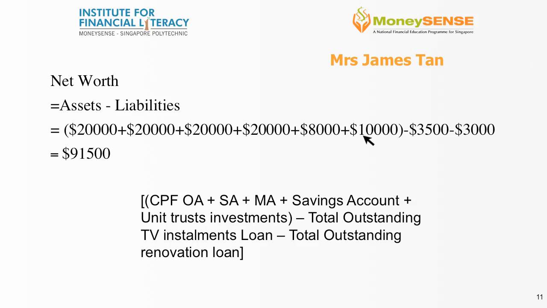Mrs. James Tan has an outstanding TV loan of $3,500 and an outstanding renovation loan of $3,000. Taking away total liabilities from total assets, her net worth is $91,500.